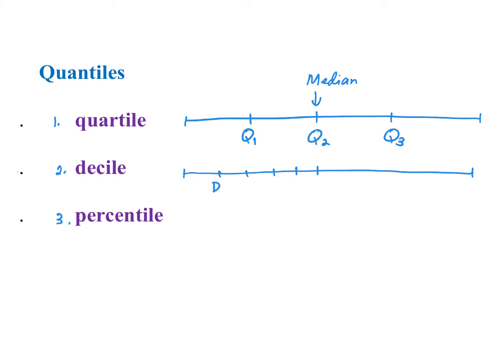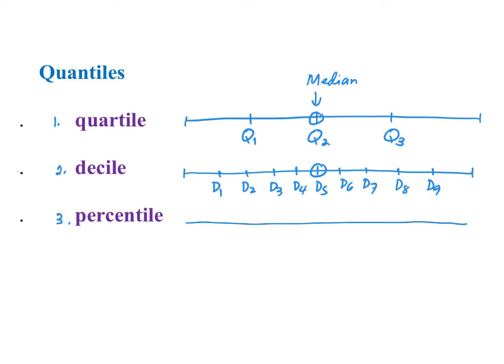So this is decile 1, decile 2, decile 3, decile 4, decile 5, decile 6, 7, 8, and decile 9. In this case, the middle value is decile 5, so that is equivalent to quartile 2, which is equivalent to the median.